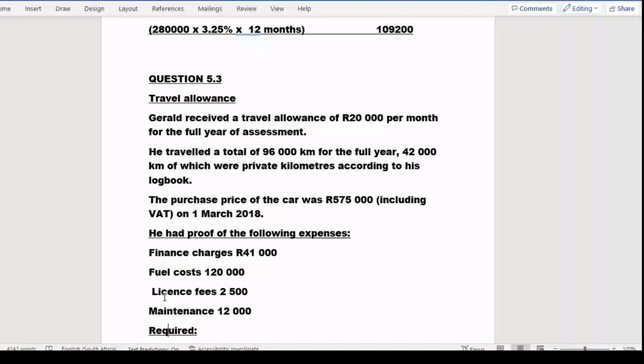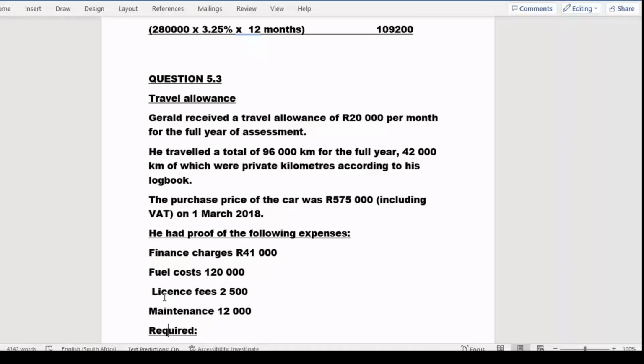So let me tell you something that would actually take you far in understanding this. Every time you are given an example, you're going to read that question and note these things down. Number one, is VAT included? If it's included, then it's fine, it's part of your cost, so there is no adjustment.